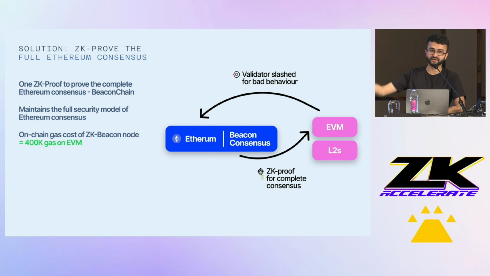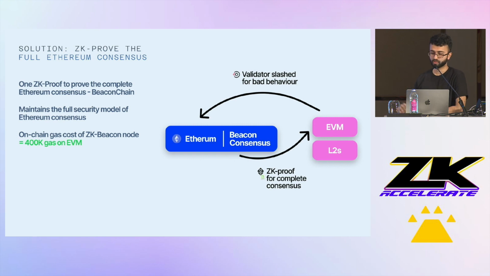Basically, you post a single ZK proof on Ethereum or any other smart contract environment. You add a single Merkle commitment of that, and these two pieces of information attest to the validity of the entire Ethereum blockchain. So you could post a single commitment for a single block, or you could actually do this for the entire Ethereum blockchain from Genesis. So this is again something we're working on.